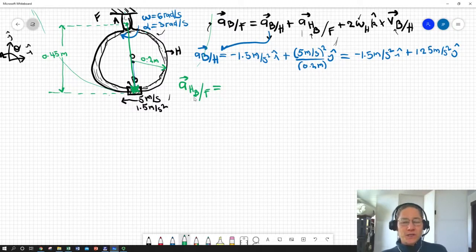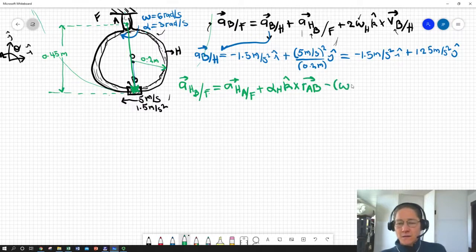So the acceleration of our point of interest at B with respect to our fixed reference frame is going to be equal to the acceleration of the hoop at point A relative to the fixed reference frame, plus alpha of the hoop, we'll call it H, which we know is in the k hat direction, cross r from A, the point we know, to B, the point we care about, minus the angular velocity of the hoop squared times r from A to B.